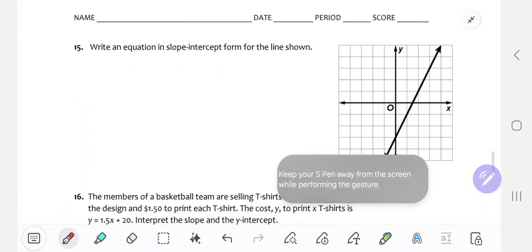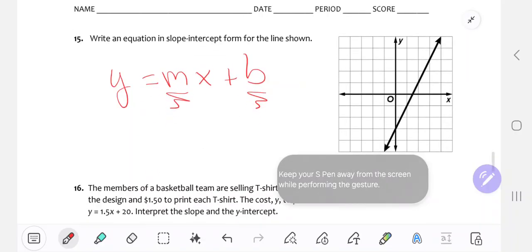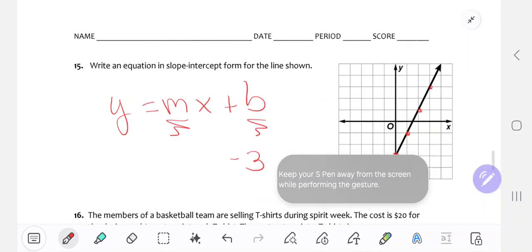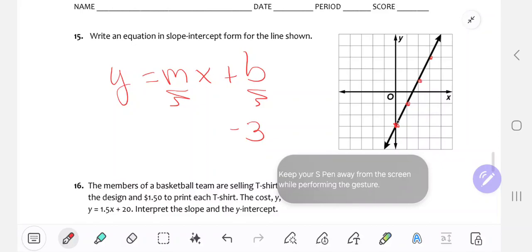Okay, write an equation in slope-intercept form. So we're doing y equals mx plus b is slope-intercept form, where this is the slope and this is the y-intercept. We find our y-intercept first. That looks like -3, so it's going to be -3. And then we find 2 nice points. It looks like there. I just check with other points to see if it keeps going by that same rate. It does. That's a rise of 2 and a run of 1.